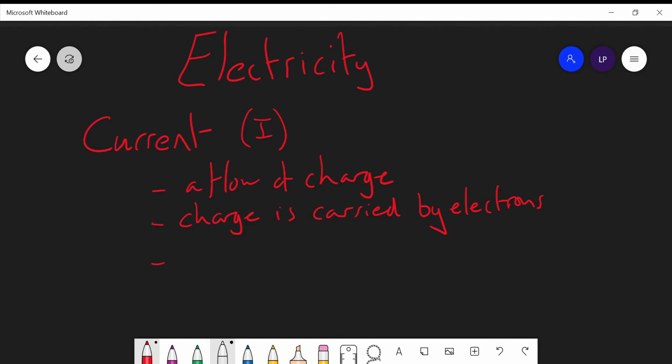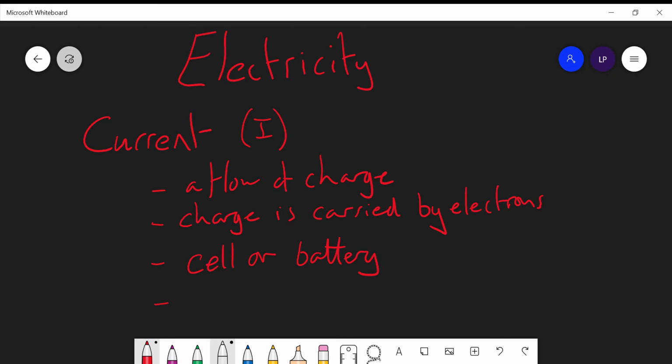The energy comes from either a cell or a battery, which is connected to our circuit. It's in a complete circuit, which then allows the flow. It provides the energy to the charge, and the current will flow along the wires, going to different components, and eventually back around to the cell again.